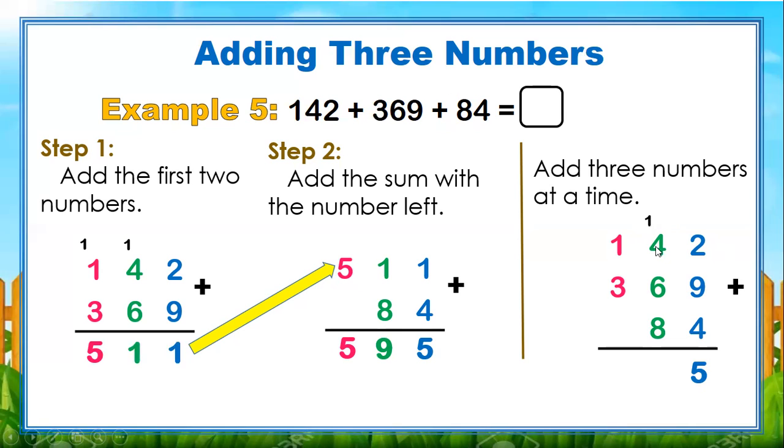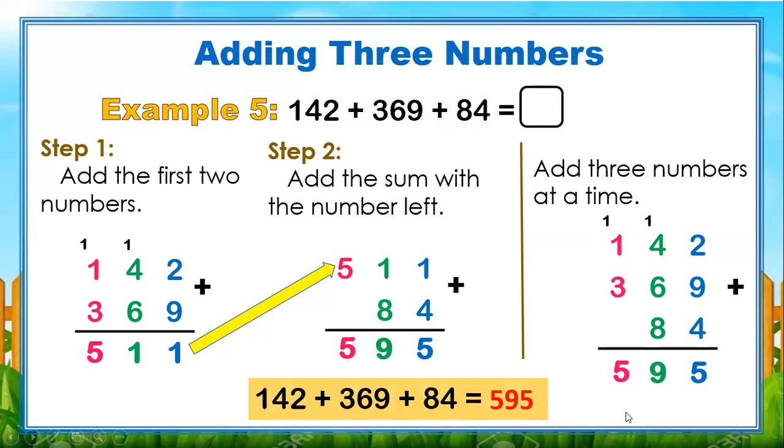So 1 plus 4 is 5, plus 6 is 11, plus 8 is equal to 19. So let us put another 1 here. So carry 1, which means we regroup the digits in the tens place. So 1 plus 1 is 2, plus 3 is equal to 5.